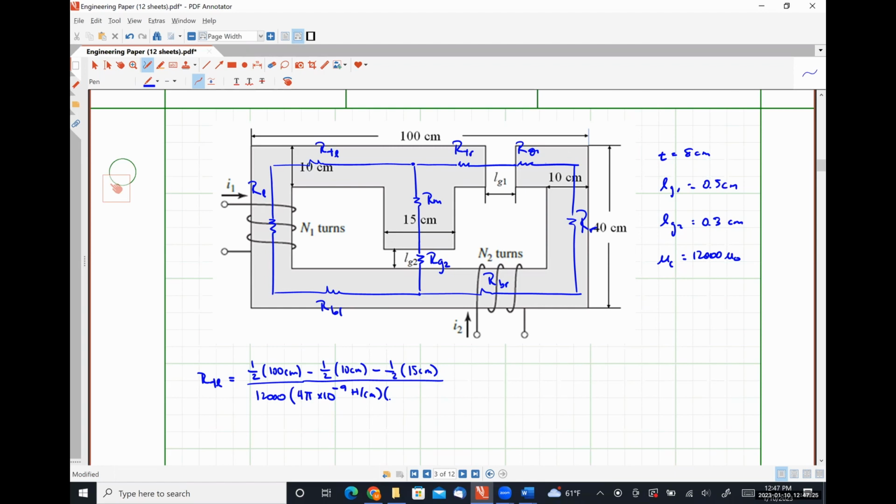My area is just going to be the thickness, which is 8 centimeters, times the, I guess call it height. Effectively, I'm trying to find this cross-sectional area where this bit right here is T, so the other dimension is going to be the 10 centimeters. I can't think of a word to describe it.